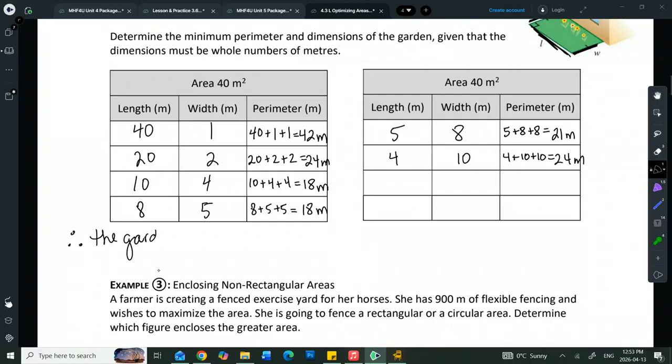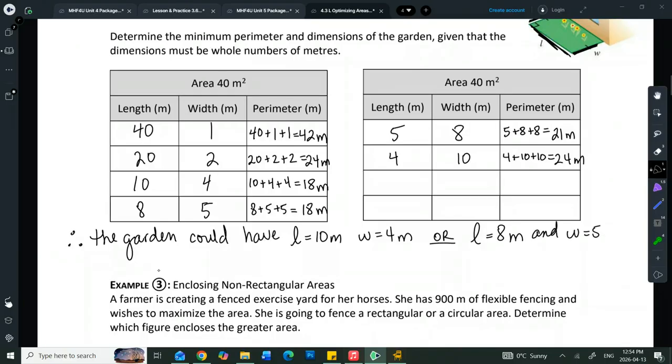We'll say the garden could have length of 10 meters and width of 4 meters, or length of 8 meters and width of 5 meters, with a minimum perimeter of 18 meters.